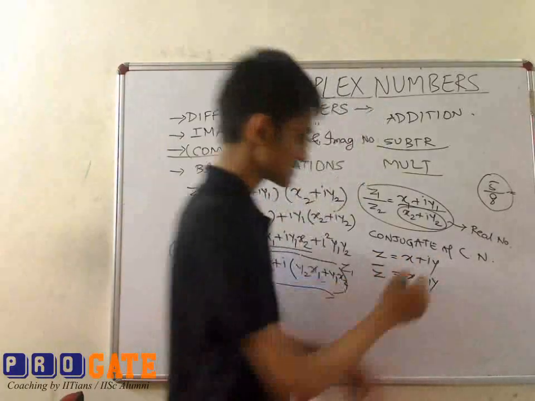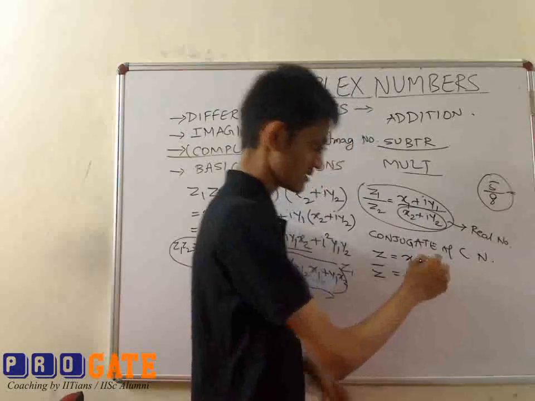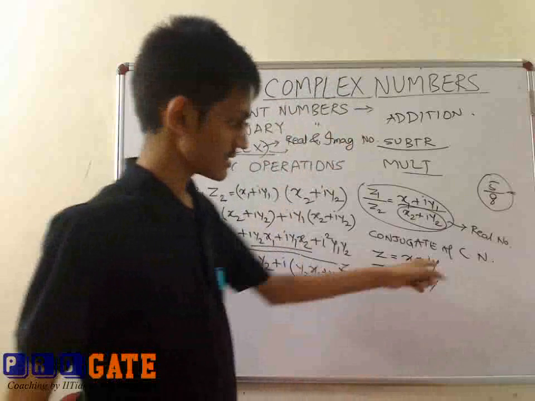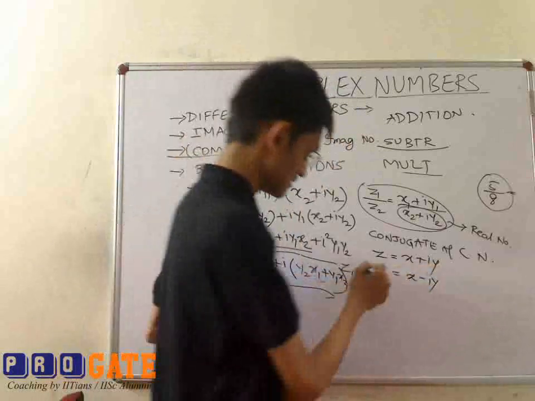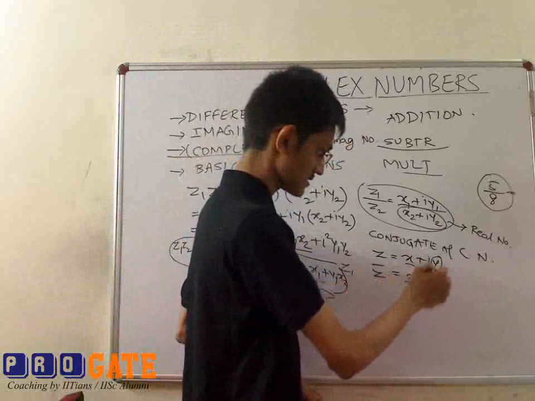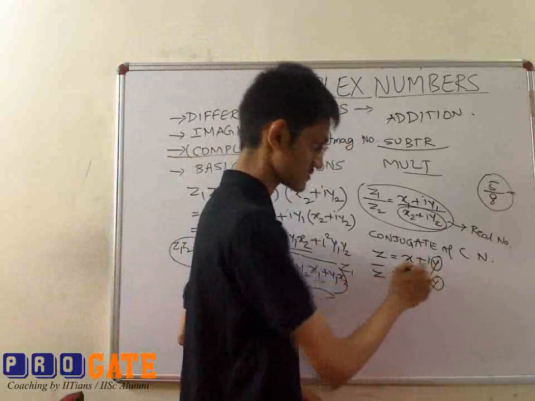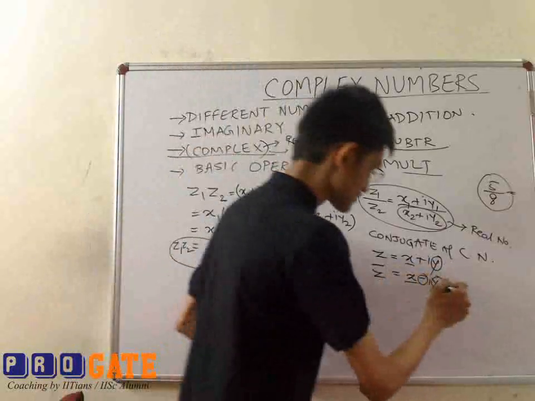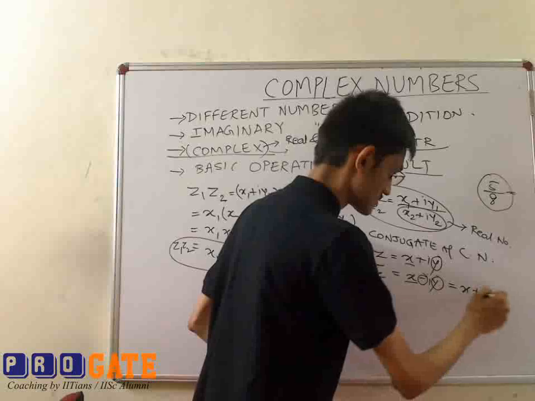So what you have to take is the negative of the imaginary part. So x remains as x, you had y, which is converted to now minus y.